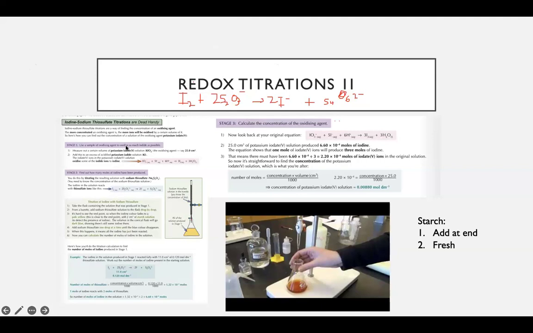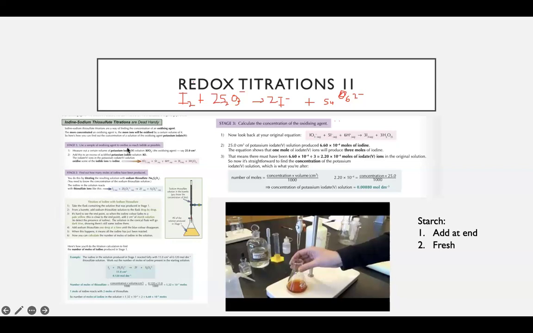Let's look at this experiment now for the iodine-thiosulfate titration. Basically, you want to work out how much oxidizing agent you have in a sample. The way you do that is you react it with some iodide, some potassium iodide, and you produce iodine. That's the top equation over here.